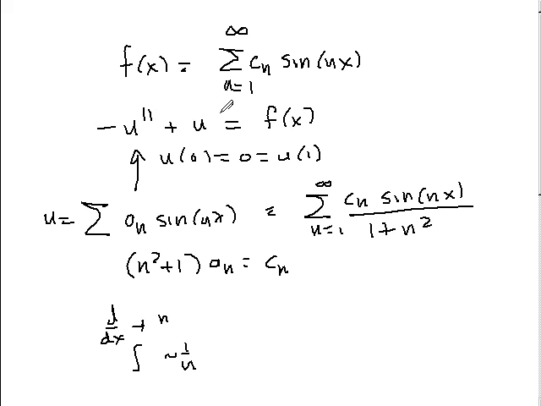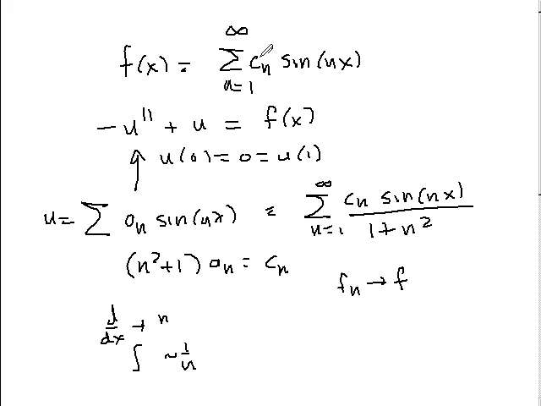Well, 2 derivatives, right? Because the second derivative of u has to be comparable to f. So this is actually smoother, more convergent than the original function f, and in fact, if f is continuous, you should have 2 derivatives.